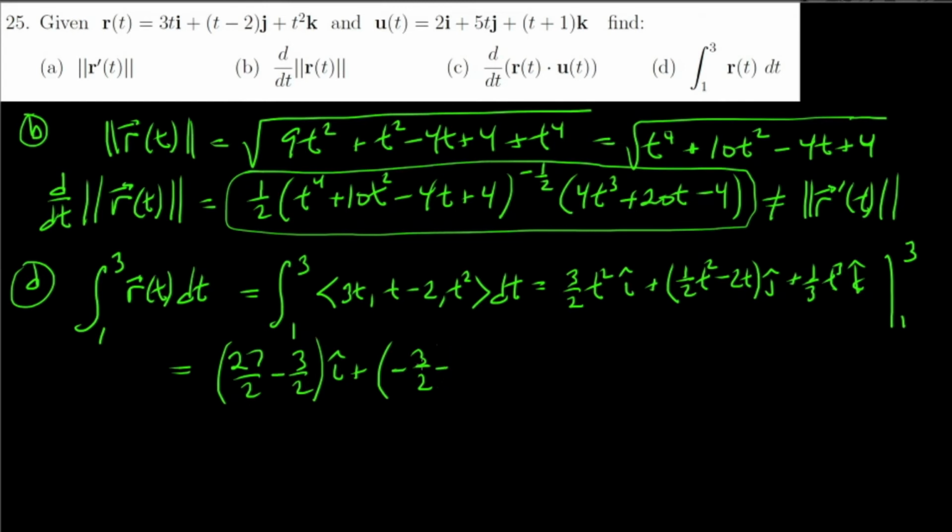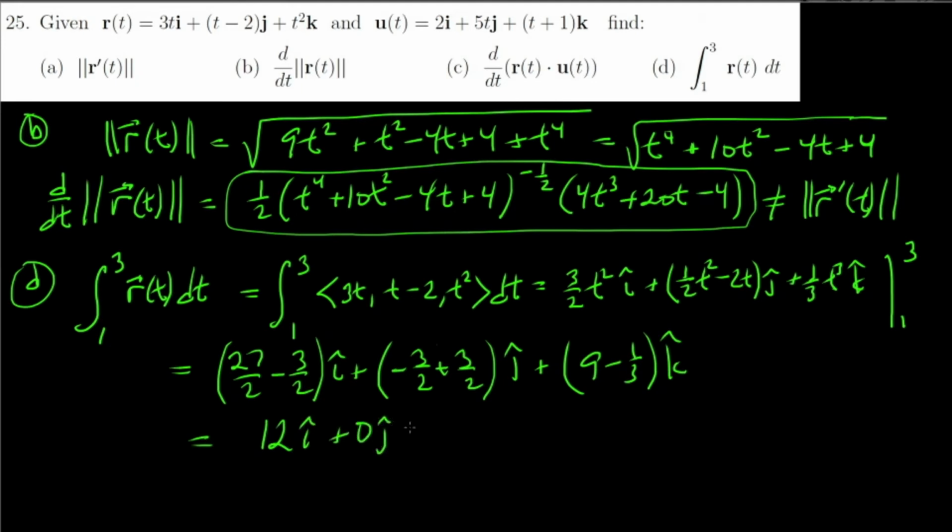Sorry, this is not working out. So negative 3 over 2 plus 3 over 2, I think you just get 0 there, right? And then, yes, 9 minus 1/3. So 27 minus 3 is 24, 24 over 2 is 12. So 12i plus 0j, and then plus 26 over 3 k.